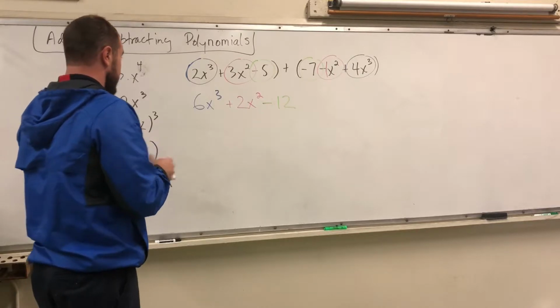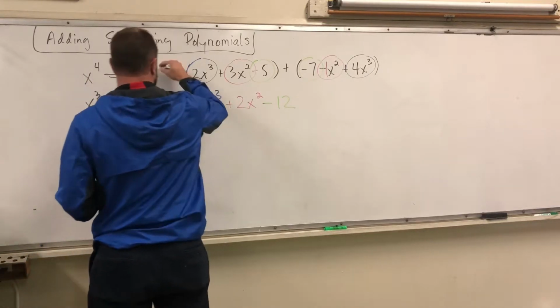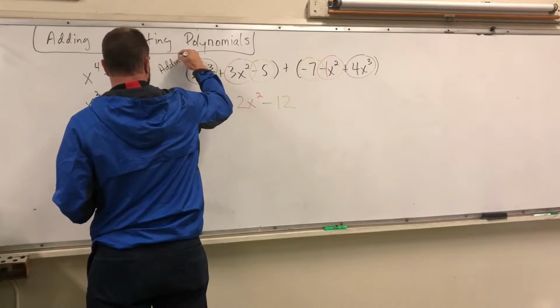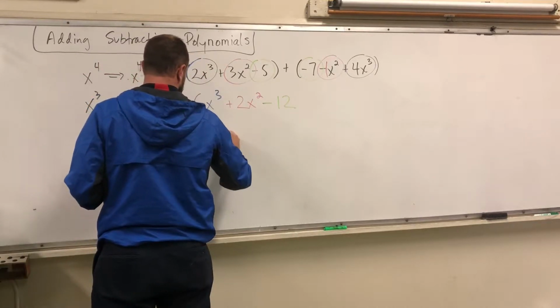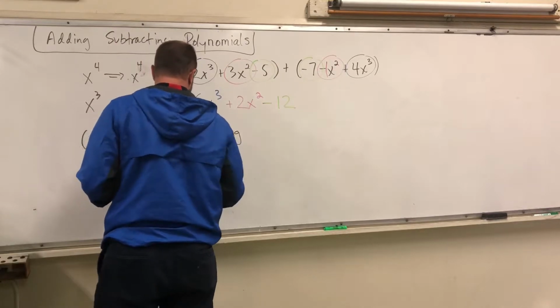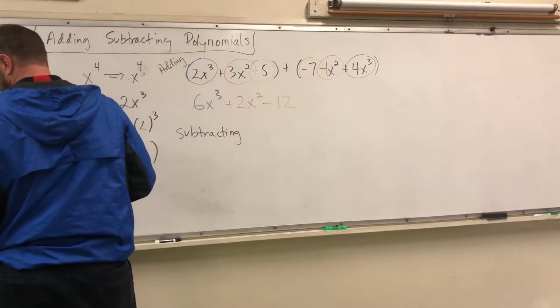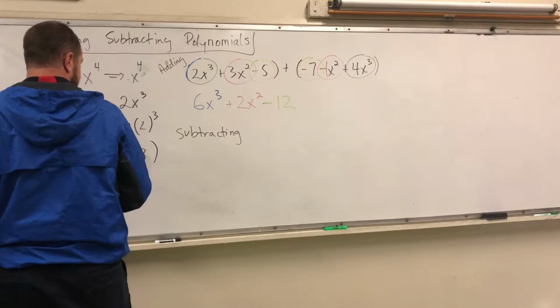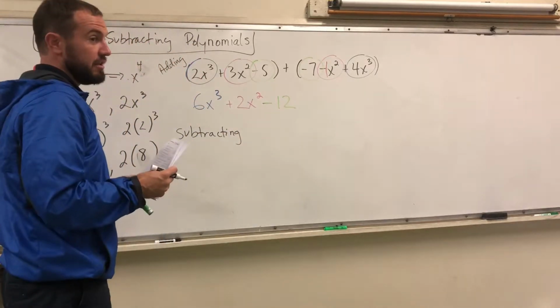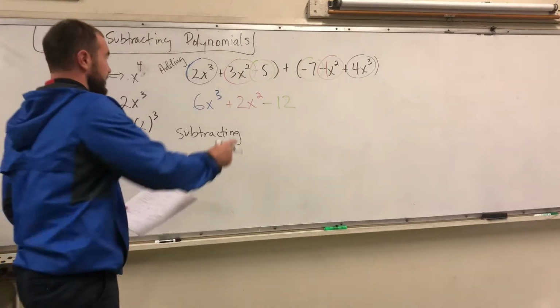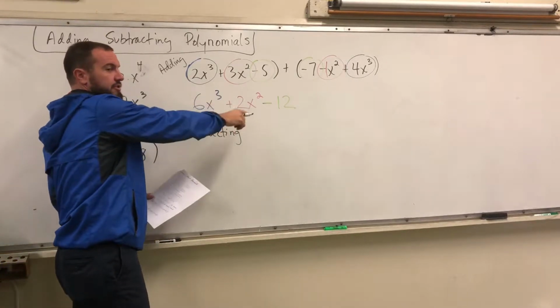Very similar to subtracting. The only difference is you may have to rewrite it so it's still going in descending order. I think it's always good to list it with highest degree in descending order.